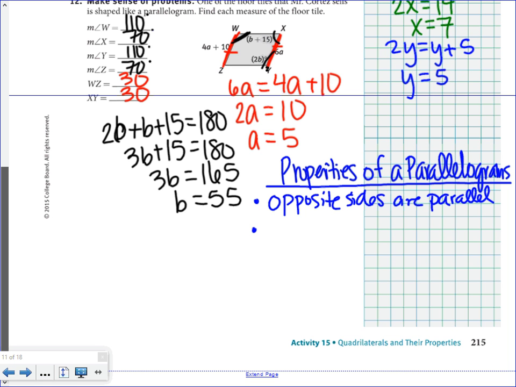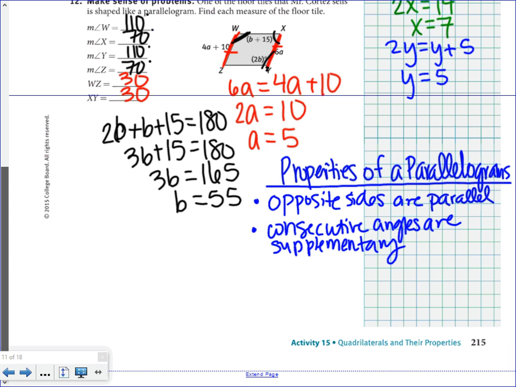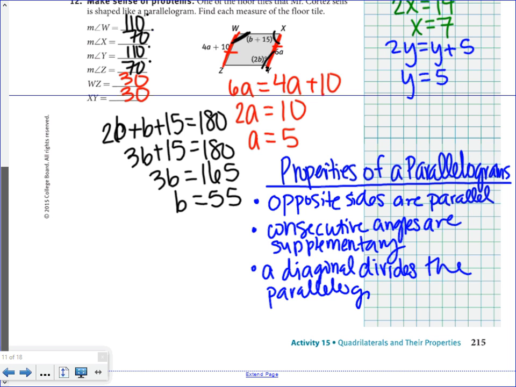Another one, consecutive angles are supplementary. Another one, a diagonal divides the parallelogram into 2 congruent triangles.